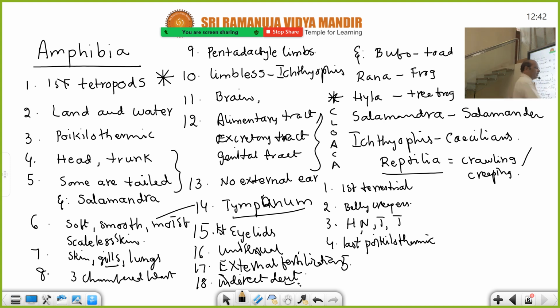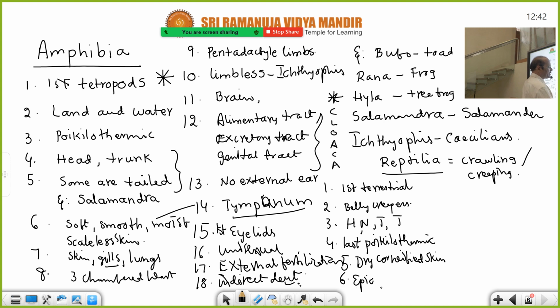Okay. Dry cornified skin is present. Cornification means addition of a protein, keratin. That's why it becomes dry, not slippery and moist like amphibians. Quite opposite, in contrast to amphibia. Reptile character: dry cornified skin.